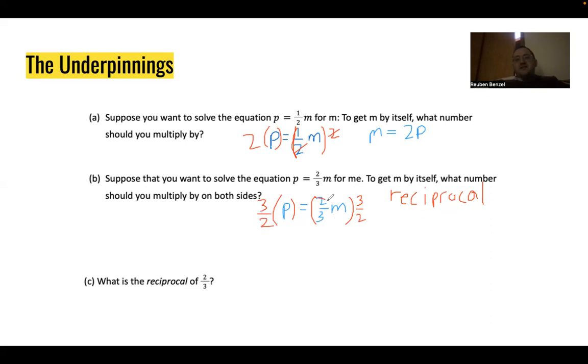So it turns out that 2/3 times 3/2 cancels out very nicely. And what we are left with is that M is equal to 3/2 P.